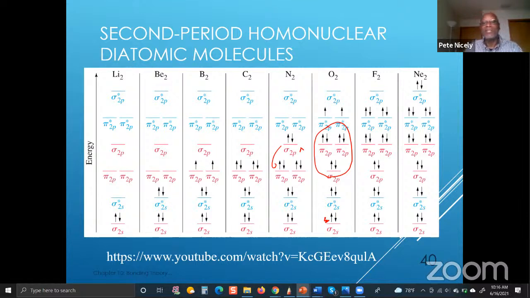Now, if you remember, we talked about paramagnetism earlier. I forgot what chapter it was. I think it was chapter 8. We talked about paramagnetism. And remember, we said that a substance will display paramagnetism when there are unpaired electrons in its molecule.